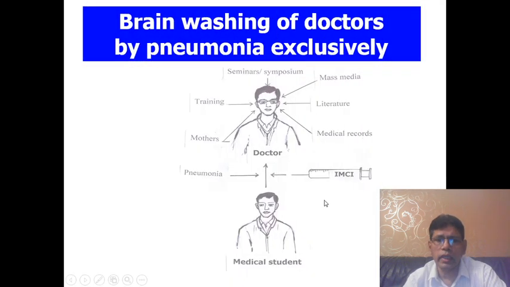And this is further aggravated because of the injection of pneumonia by the IMCI syringe into the brain of the doctors while you were a student, and after being a doctor you were exposed to different seminars, symposiums, mass media, training, literature, medical records, even mothers talking about pneumonia, but seldom exposed to bronchiolitis. So there is a lot of confusion.